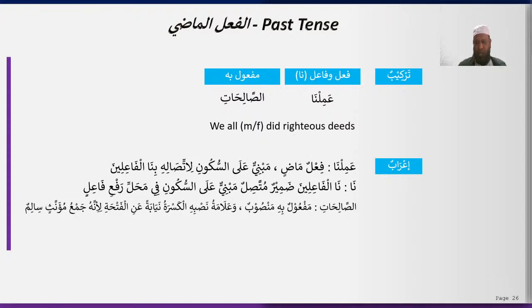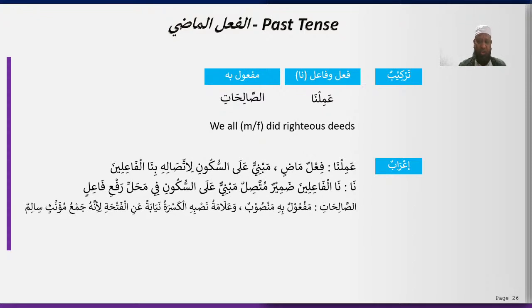Okay, so we did fi'l madi mabni on the fatha. It is only the 4 sigas. To mudhakkar gha'ib, the mufrad fa'ala and fa'ala. To mu'annath gha'ib fa'alat and fa'alata.